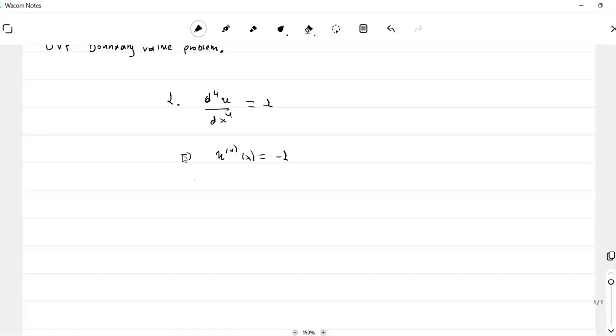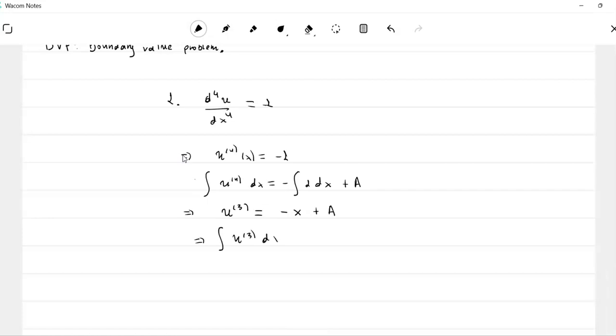So what I do is I integrate, plus a constant that comes from integration. So u third derivative is minus x plus a. I integrate again, plus b.